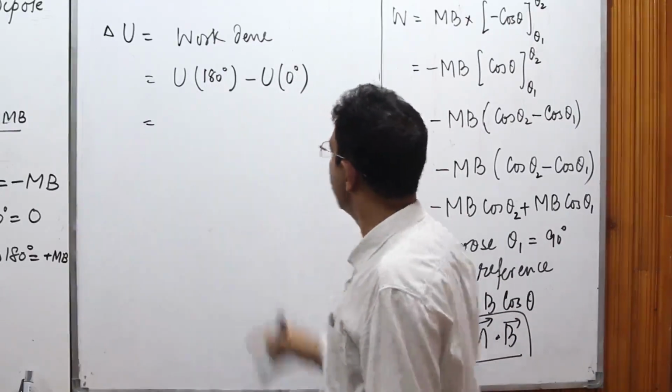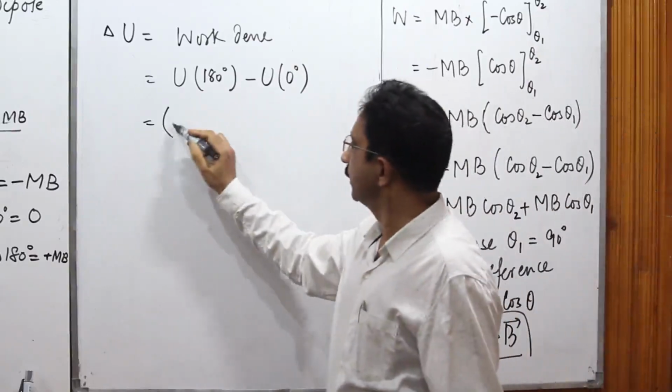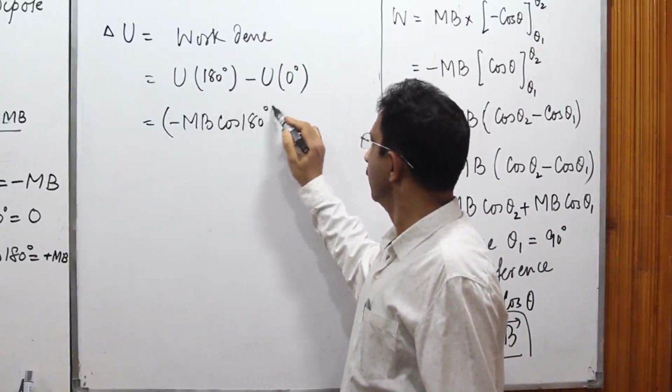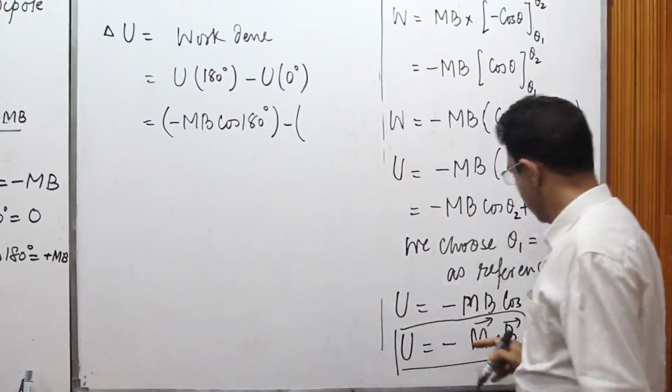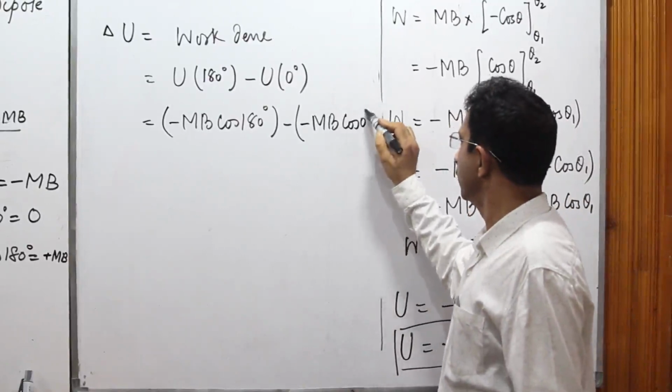So this U at 180 degree will come from this equation. This is minus MB cos 180 degree minus minus MB cos 0 degree.